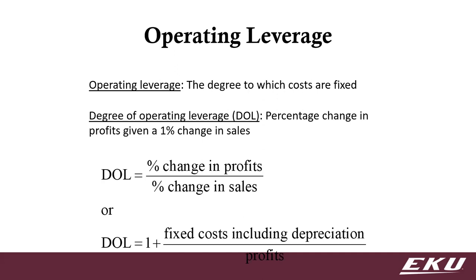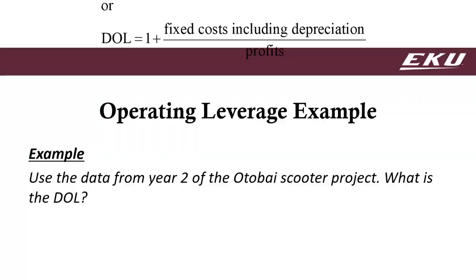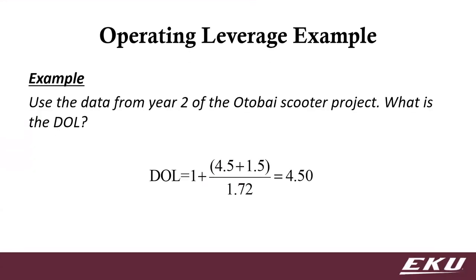So we're going to use the same scooter project that we had, right? And if we go back and look at the data, we'll stop for a moment. You can skip back and look at where year 2 was, right? So for our depreciation, put this in, and then we'll discount that back, and you see the operating leverage that we have is 4.5.